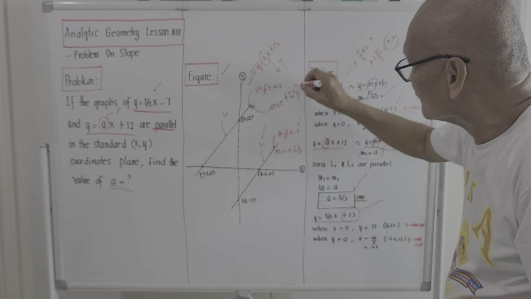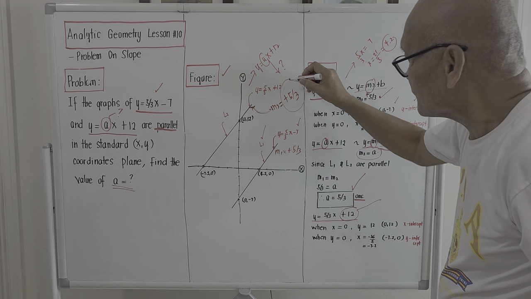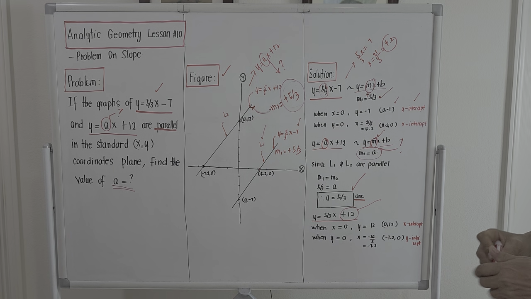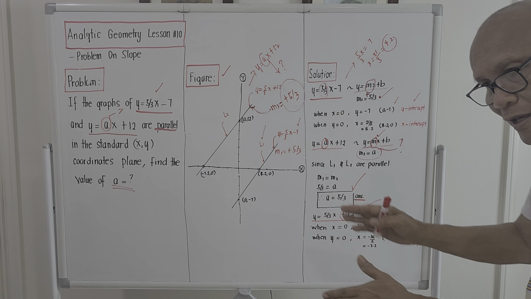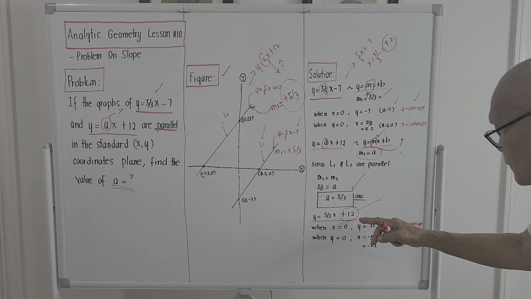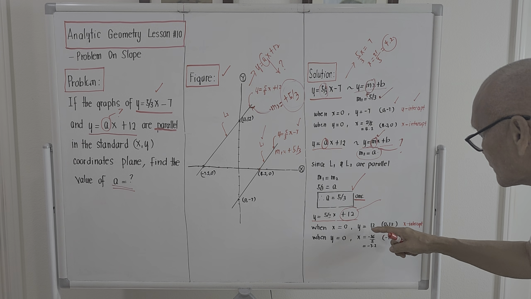This is the answer. And to check the validity of our answer, we'll try to see if line number 2 is parallel with line number 1. So we will be solving the x and y intercepts. By using this equation, when x is 0, y will be positive 12.